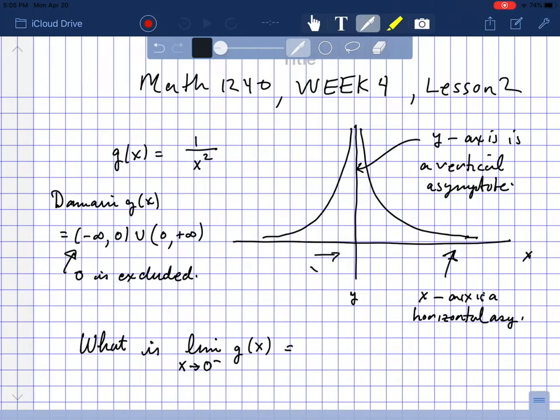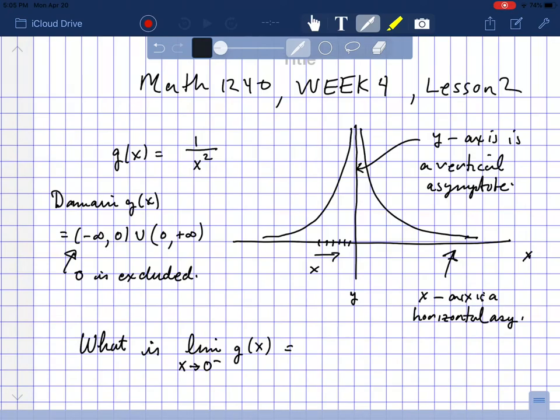So we're letting x approach 0 from the left-hand side. But what happens to the values of g of x? The closer x gets to 0, the bigger the value of g of x. So those values of g of x get bigger and bigger without bound. So they actually tend to what we say plus infinity.